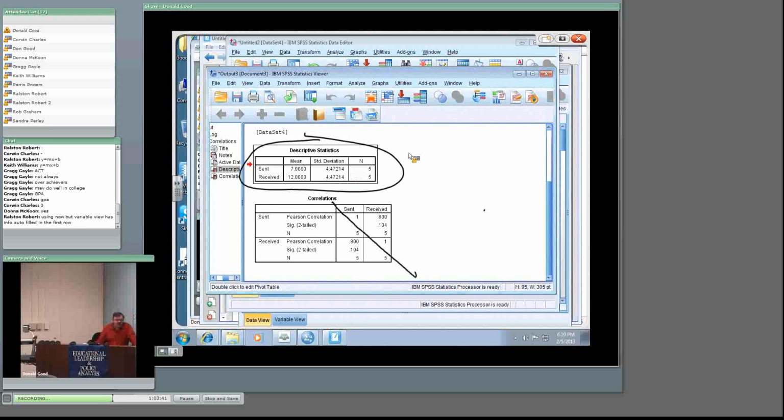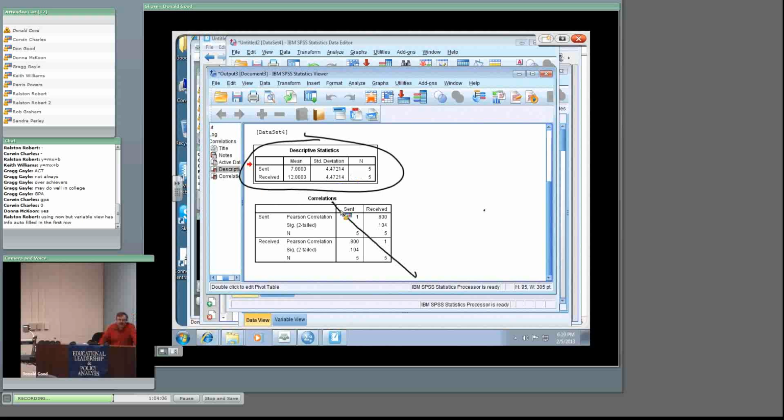That's because the correlation that this cell has, the one I'm circling, the sent and sent, when you correlate something with itself, you're going to get a correlation of 1. If you sent 5, you sent 5. If you sent 3, you sent 3. So my upper left to lower right diagonal is always going to be 1s.